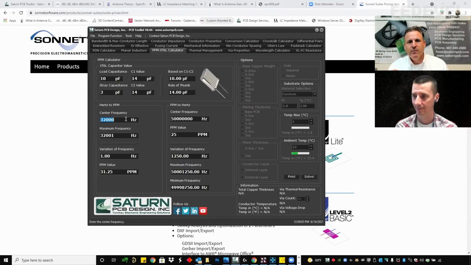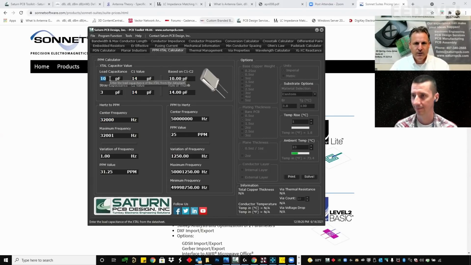This is the load capacitance values. These are general rules of thumb. When you see a microprocessor, you'll see an 8 megahertz resonator or something like that, an 8, 20, 50 megahertz crystal, and you'll see 2 capacitors hanging off of it. This will give you those initial values.